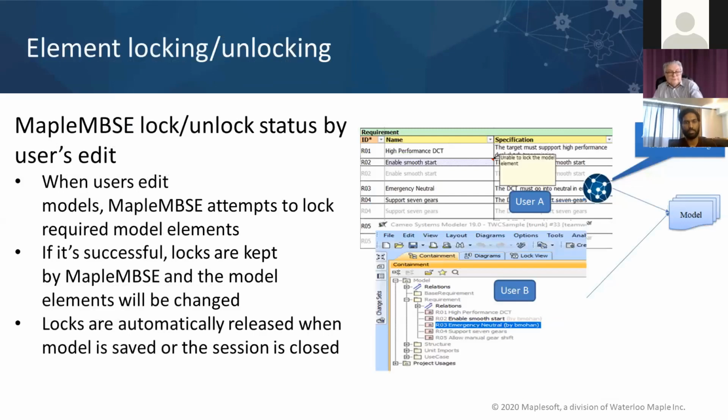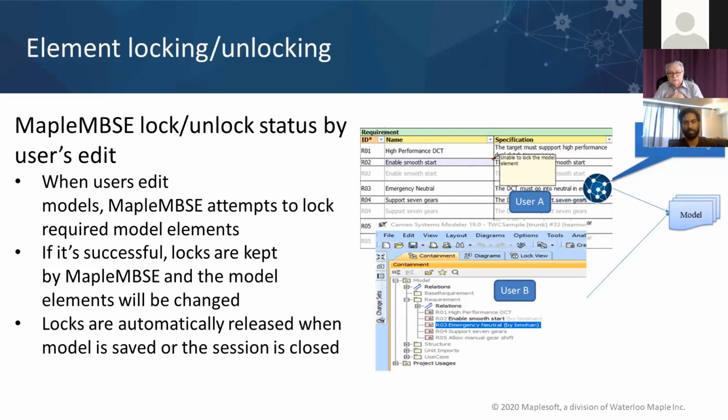Also, to facilitate different users collaborating and accessing the model at the same time, we support locking, the same as how CSM or MagicDraw supports it. Once you start editing a model in MapleMBSE, you will acquire locks for those elements, and these changes will be made on the Excel front end.